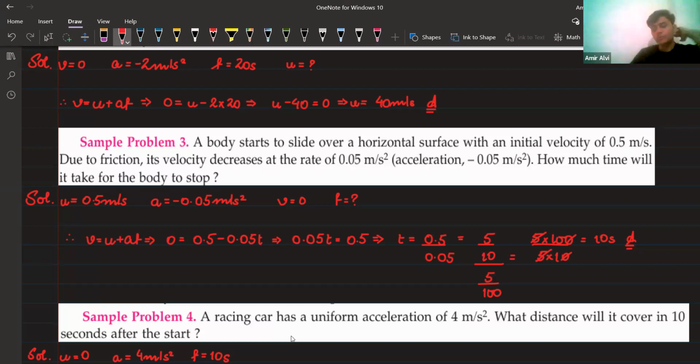That means, what do you have to do? Second equation or third equation. In the third equation there is no time, but in the second equation the time quantity is there. That means you can use the third one. Got it? Yes, sir.